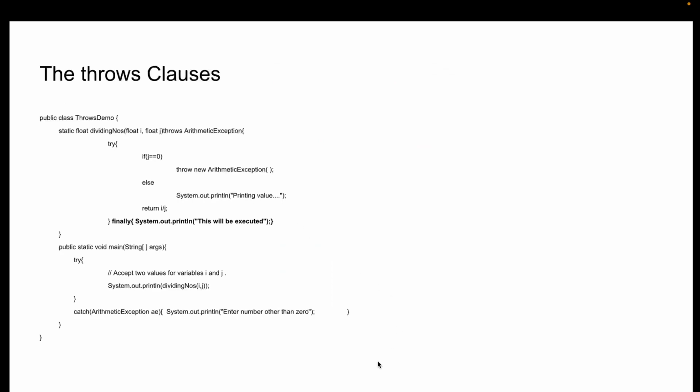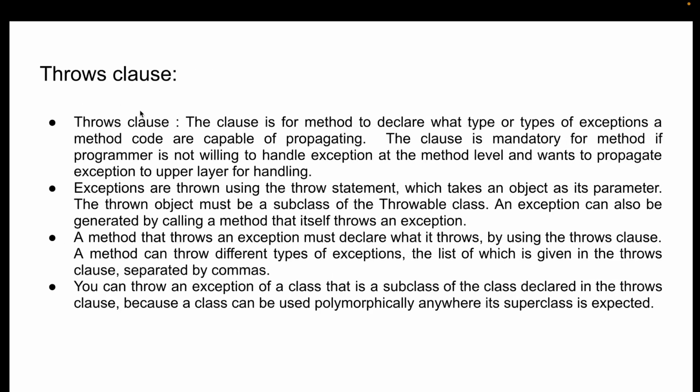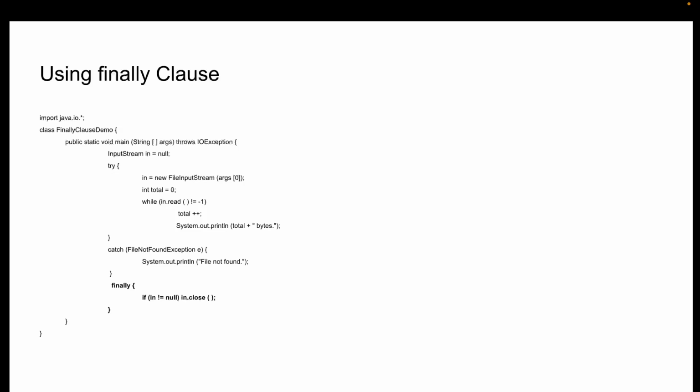So in this class, I'll again take the demo of this throw and custom exception tomorrow. So until now, we have seen why we use try, why we use catch, and why we use finally. Try is basically used for throwing an error.